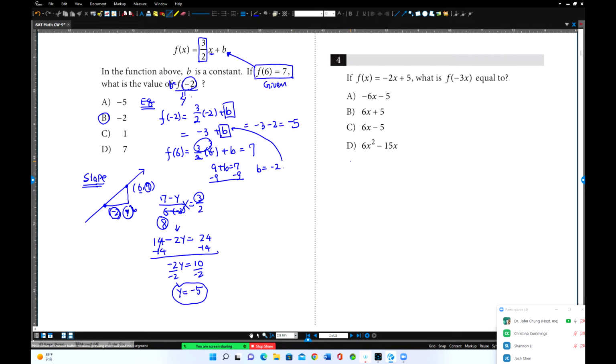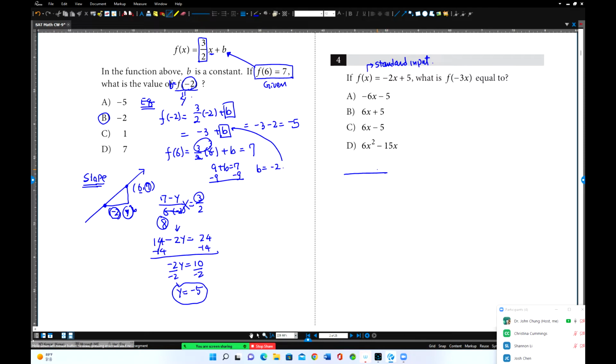f of x equals negative 2x plus 5. When you have this one, this input is what we set as the standard input. For our convenience, we just use x, that's it. You can use k, you can use a, you can use b, any letter is okay. But generally in our mathematical rule, we promised to use x as the standard input.